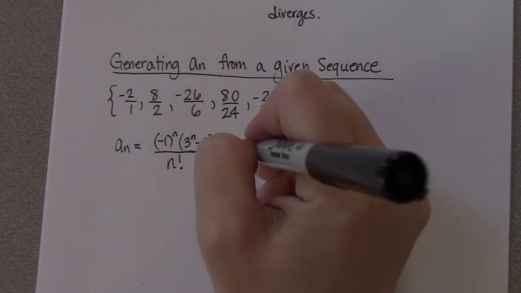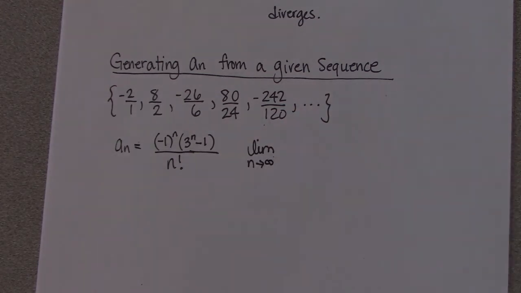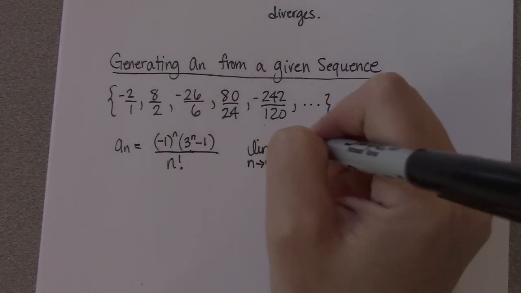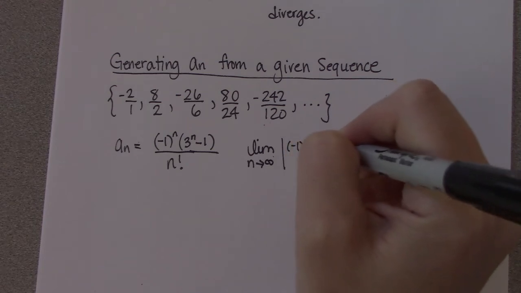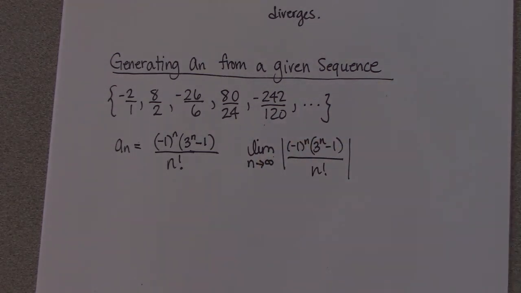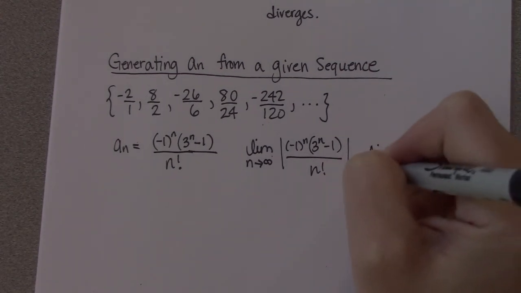If we want to know if this sequence converges, well, I want to do the nth term limit, but since I have that alternating term, we should try the absolute value theorem. So if the absolute value of this stuff converges, then we know the original sequence converges.